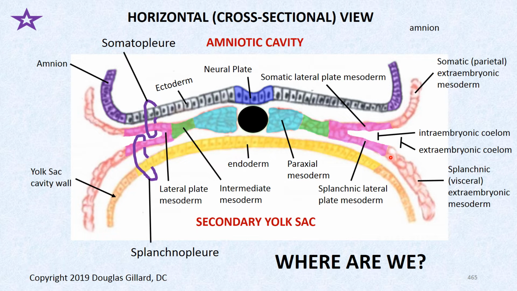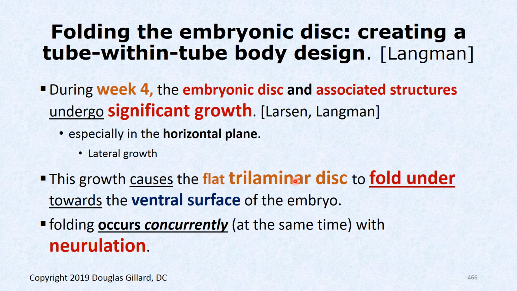But this splitting created two layers, a splanchnic and a somatic lateral plate mesoderm. But that morphs into the ones we were just talking about on the other side, the splanchnic or visceral extraembryonic mesoderm and the somatic extraembryonic mesoderm here. Okay. All right, so that's the review.